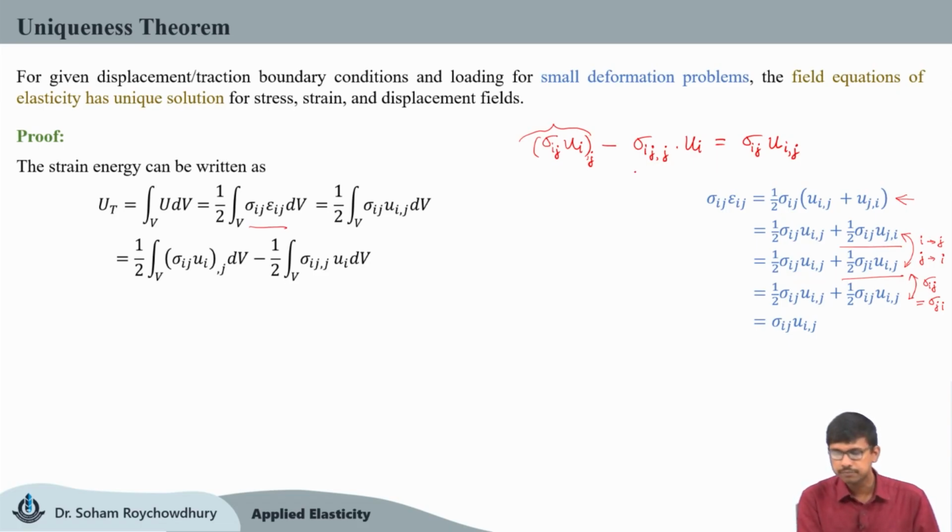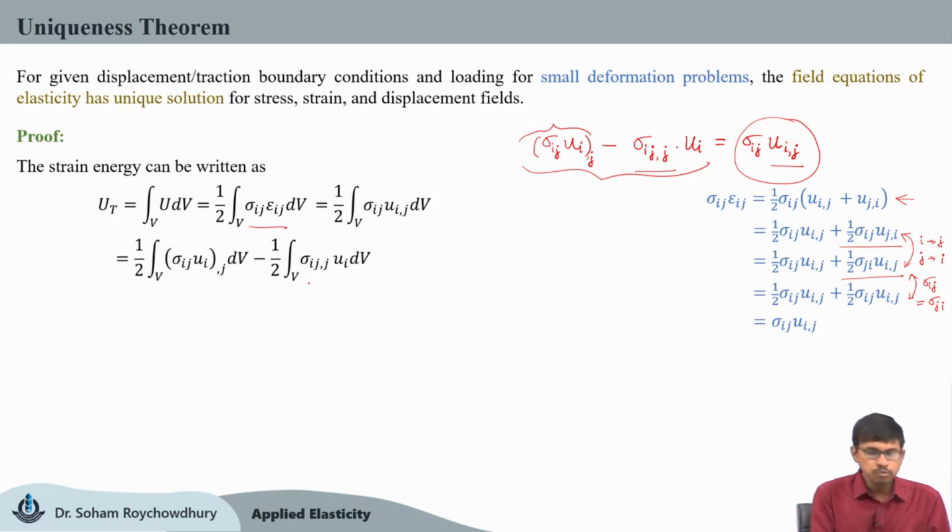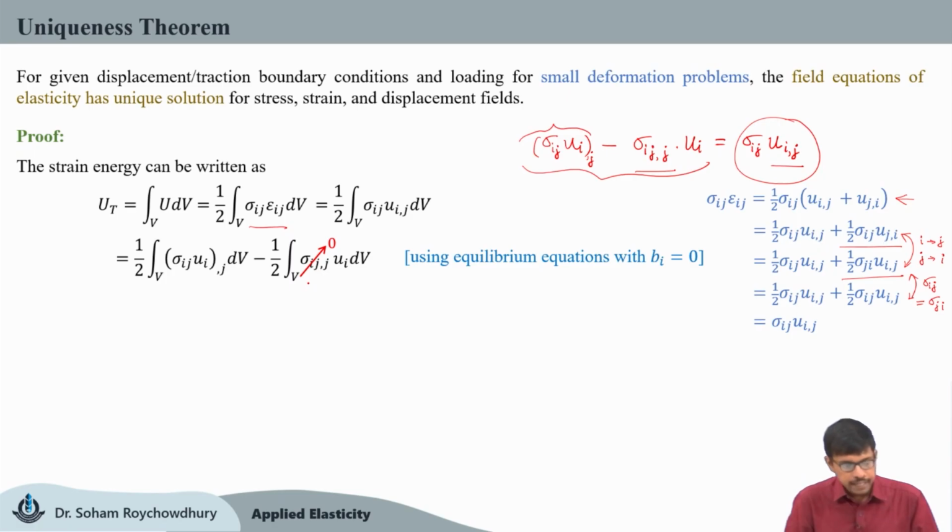One term is the derivative of sigma with respect to xj keeping ui constant, another term is the derivative of ui with respect to xj keeping sigma ij constant. So, thus this one term sigma ij ui comma j can be written as the difference between these two terms. So, two volume integrals are coming, and using the equilibrium equation with zero body force, for the difference solution body force Bi is 0, the equilibrium equation is sigma ij comma j is 0. So, the second term would go to 0, we would have only one term.